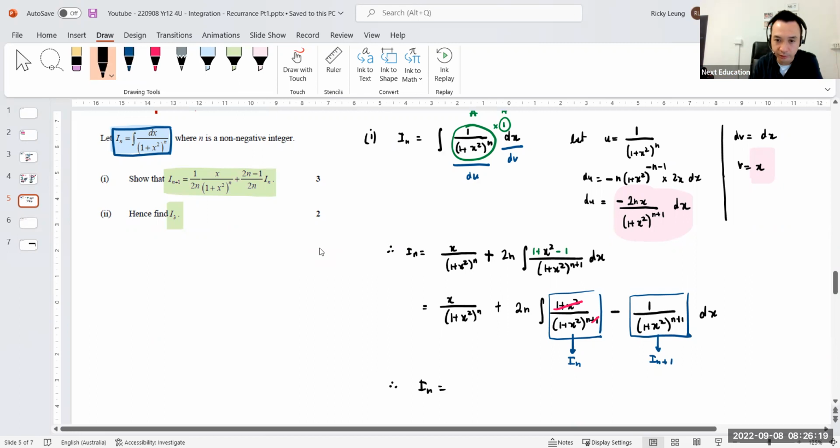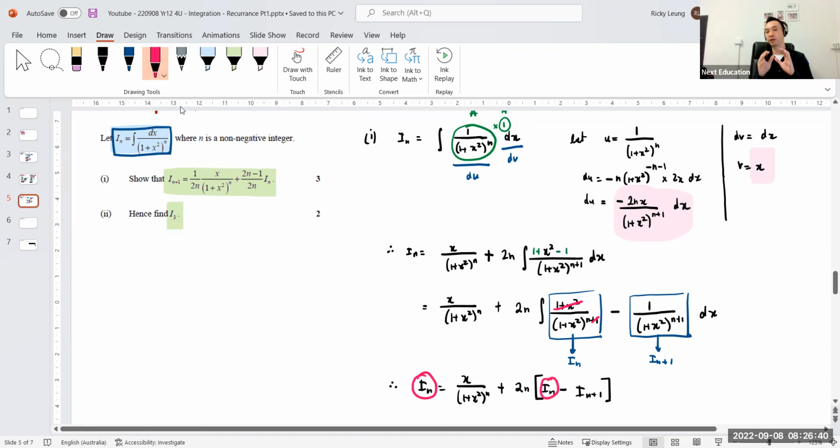So then I can go, therefore, I_n equals x on 1 plus x squared to the power n plus 2n bracket I_n minus I_{n+1}. Now, that looks still a bit different to this guy. What I'm aiming to do now is make I_n the subject.